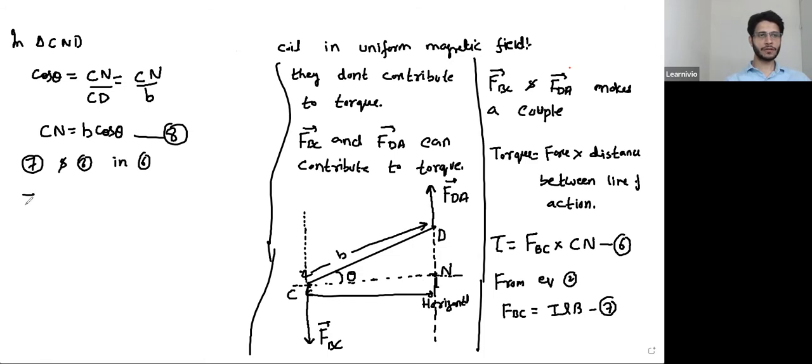So if I substitute all values here, then this torque will be FBC, which is ILB, and Cn, which is B cos theta. Can you tell me how much is this L into B? L into B, area of the coil, yes.